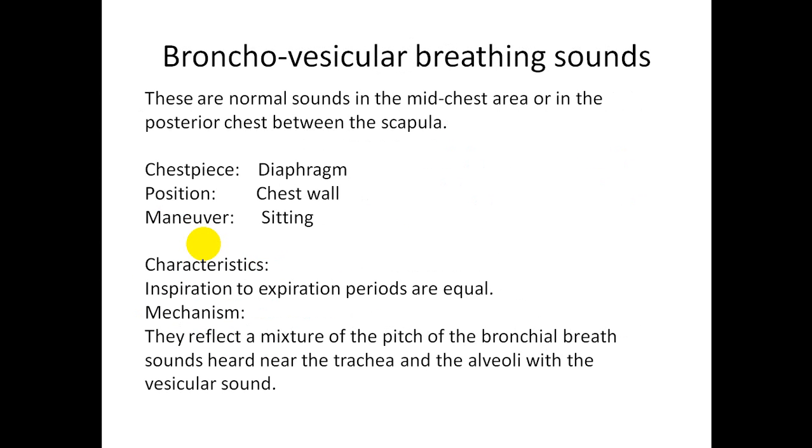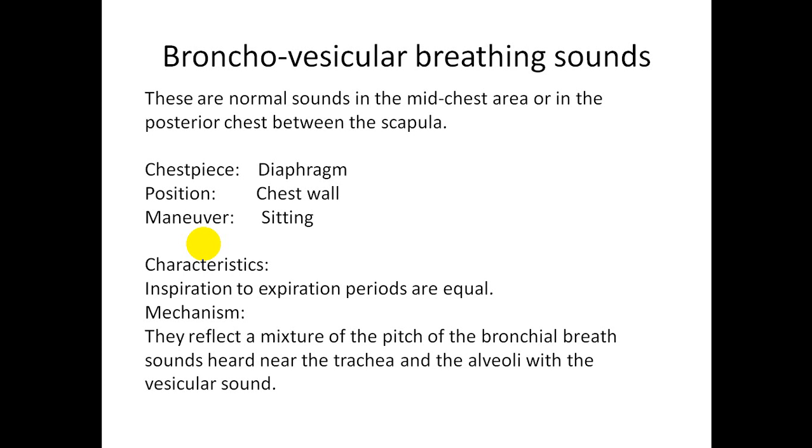Another normal sound is the combination of the bronchial and vesicular, called the broncho-vesicular breathing sound. These are normal sounds in the mid-chest area or in the posterior chest between the scapulae, the better place to hear it. Also use the diaphragm of the stethoscope on the chest wall, especially posteriorly between the scapulae, in a sitting position.